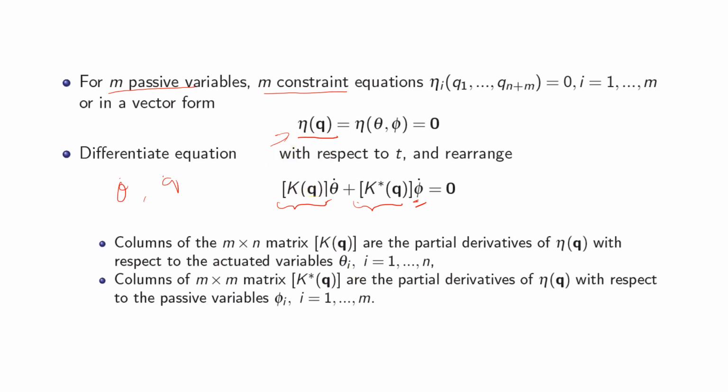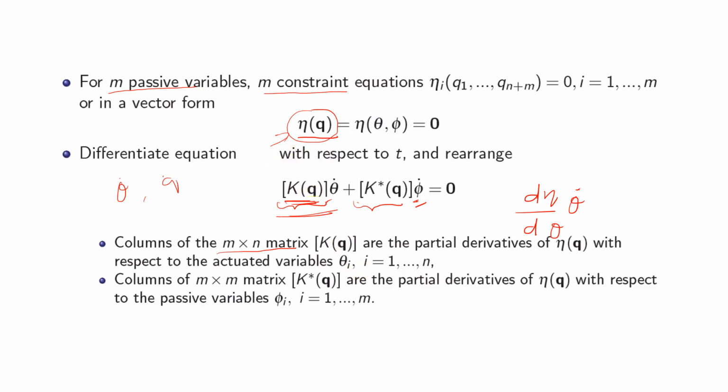The columns of this m cross n matrix K of q are nothing but the partial derivatives of eta of q with respect to the actuated joint variables. So just by the chain rule, d eta by d theta times theta dot gives this term, K of q, in matrix form.